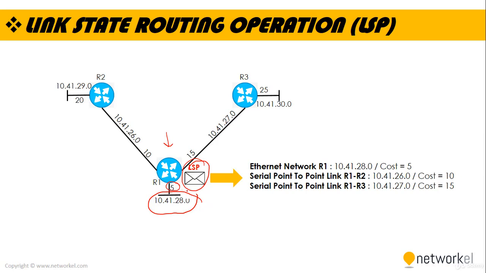And we have also this serial point-to-point link between router 1 and router 2, which is the 10.41.26.0 network, which has a cost of 10. And we also have the serial point-to-point link between router 1 and router 3, which is 10.41.27.0 with a cost of 15.